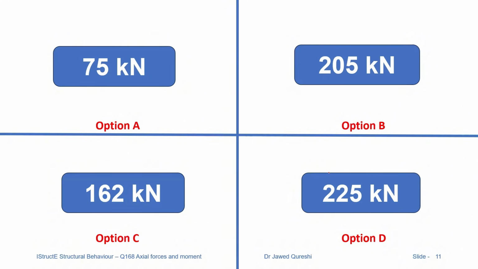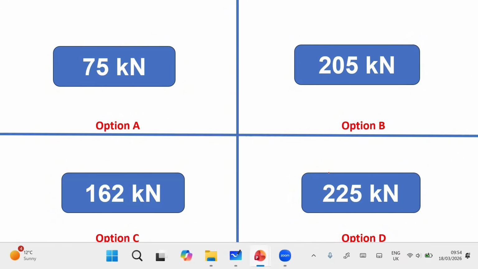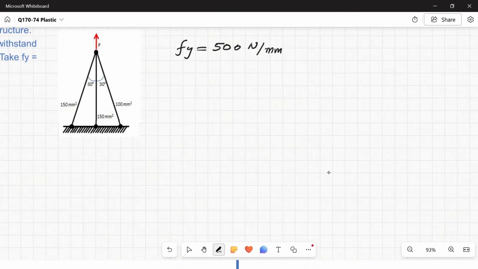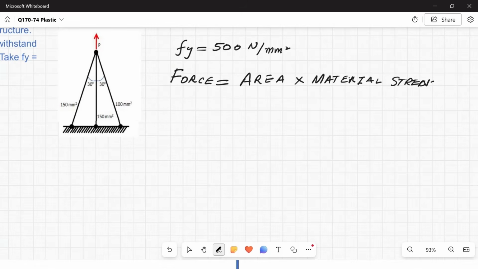So let us assess these options. Let's solve them here. For this question, Fy is given to us. Fy is equal to 500 Newton per millimeter square. And as you know, force is equal to area times material strength, and I can say that it is equal to A times Fy, where Fy is given to us.